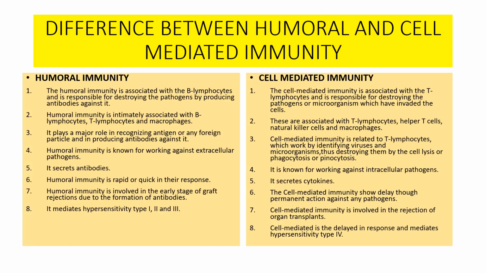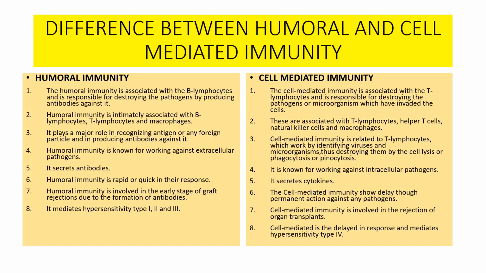Humoral immunity plays a major role in recognizing antigen or any foreign particle and in producing antibodies against it. Cell-mediated immunity is related to T lymphocytes, which work by identifying viruses and microorganisms and destroying them by cell lysis or phagocytosis or pinocytosis.